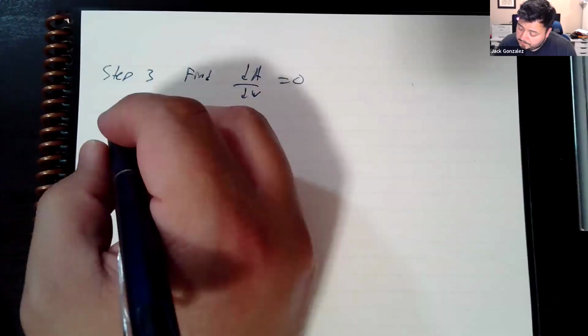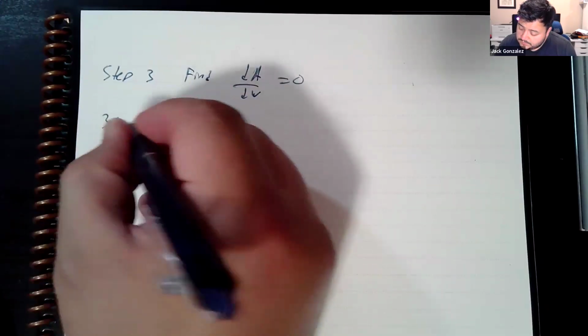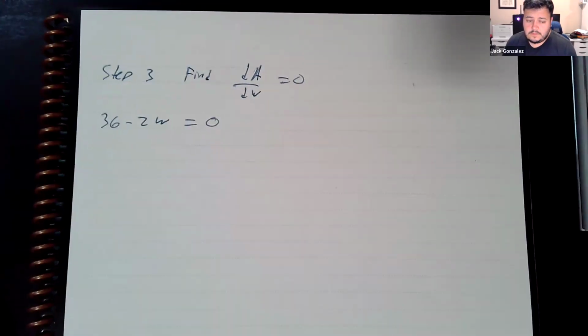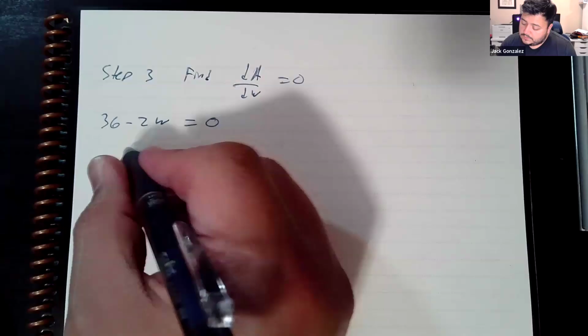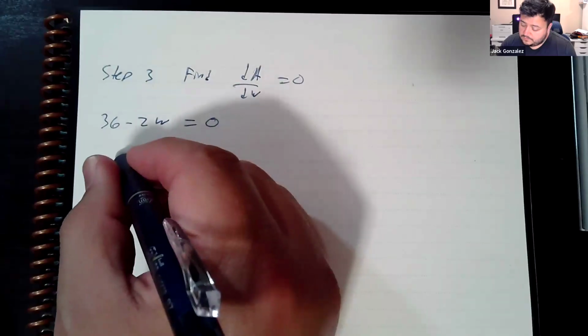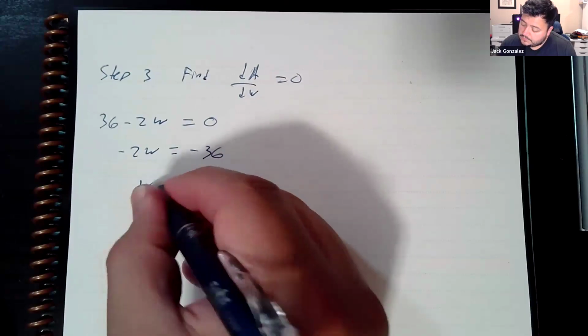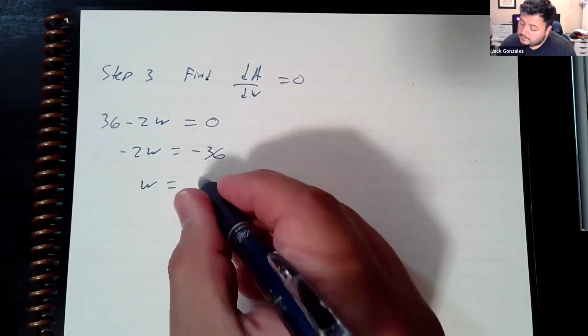So we're going to get 36 minus 2W equal to 0. To solve, that would be negative 2W equal to negative 36. So W equals 18.